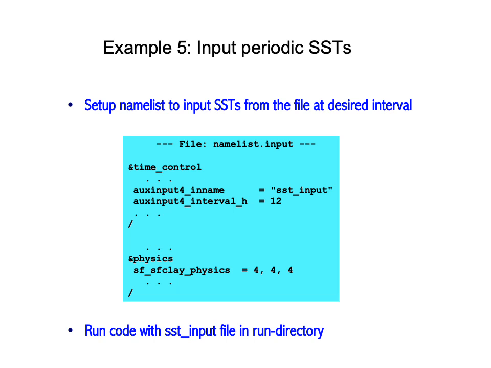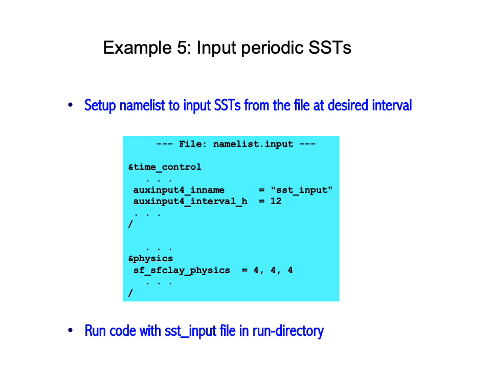So we see aux input number 4 for the input name, and the interval is every 12 hours. However often we would like to have the data come in would be fine. Typically, SSTs from national centers are reported about every 12 hours. There may be some linear interpolation between them, but about every 12 hours is typical.